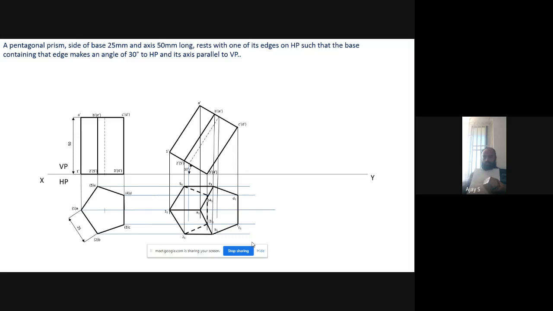Yes or no? Other things will be hidden. Isn't it what we have drawn over there? So you understood how the positions have been placed and how you convert this to a 2D drawing. Is it clear?